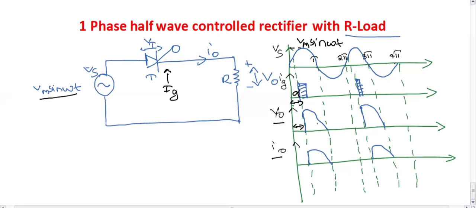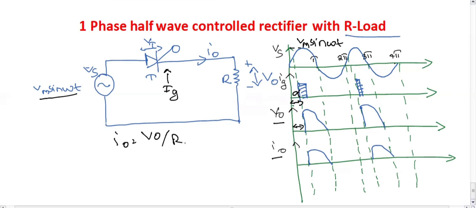So this is the output voltage, and you know that in case of an R load, the voltage and current are in phase. So the waveform of voltage as well as current will be similar, but the magnitude will be different because I naught is equal to V naught by R. Depending upon the value of the resistance, this magnitude will change.